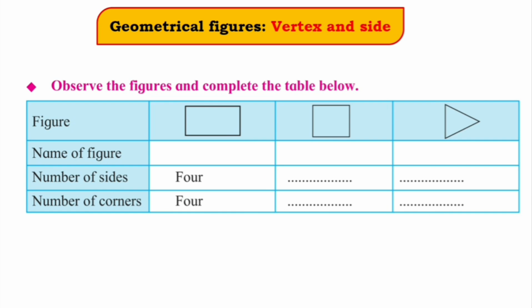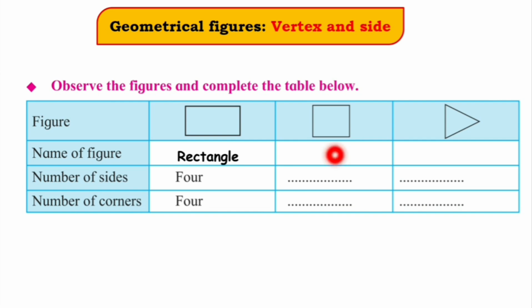So, here some figures are given and we have to write names of figure, number of sides and number of corners. So, tell me, which figure is this? Yes, this is rectangle, and rectangle has 4 sides and 4 corners.